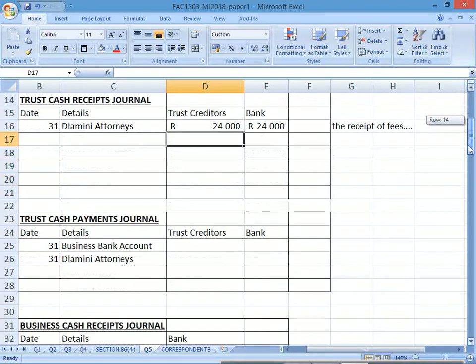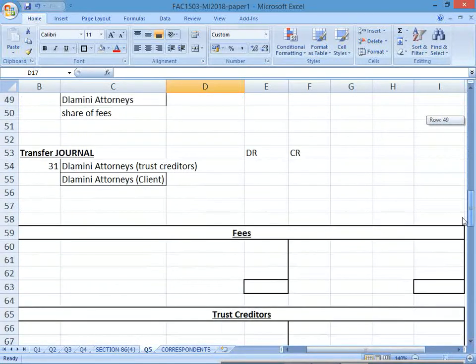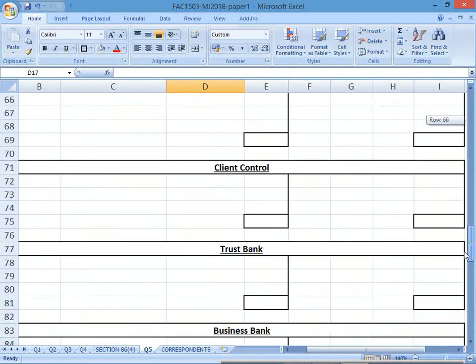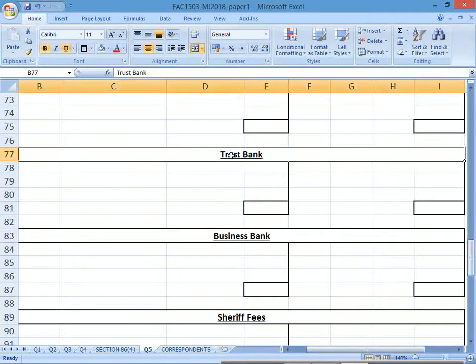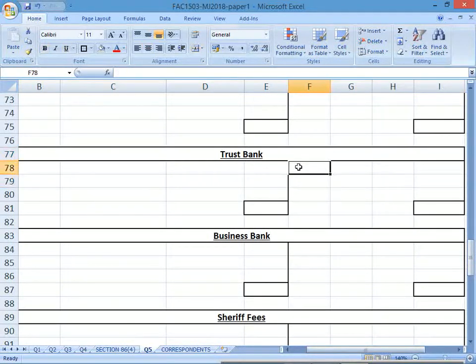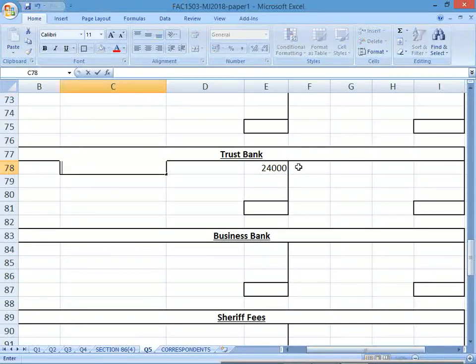Let's go down to the T accounts. Trust bank. The trust bank would have had the cash receipts. The trust bank is getting money in, so it would have gone up. So you'd have put 24,000 there. That would have come from the trust creditors.